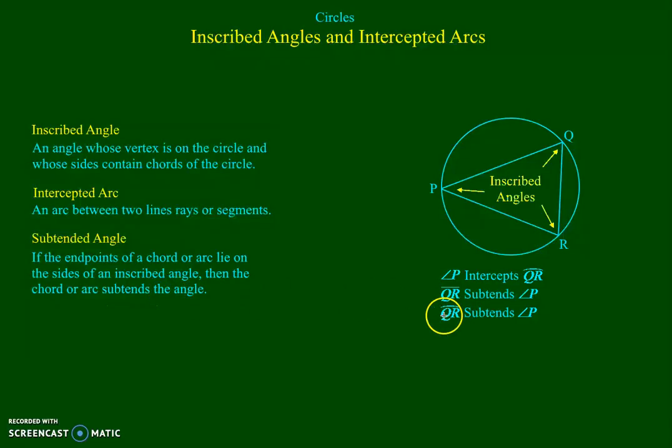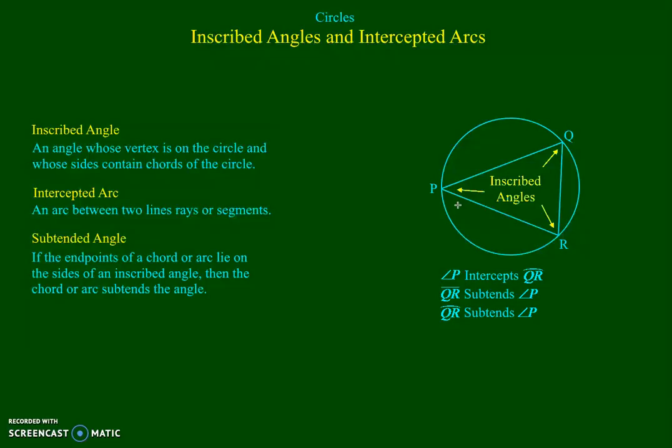So again here QR, this chord, subtends angle P, and arc QR subtends the same angle. So angle P intercepts the arc, and the arc subtends the angle. I know it can be a little confusing, but after using the terms enough, it should become fairly second nature.